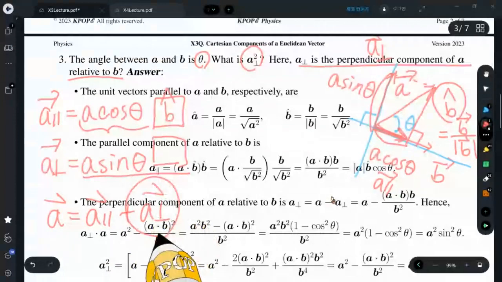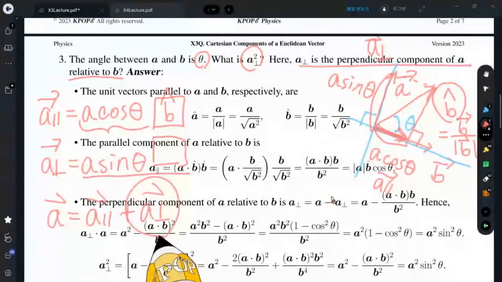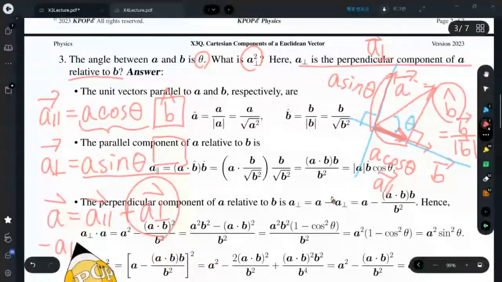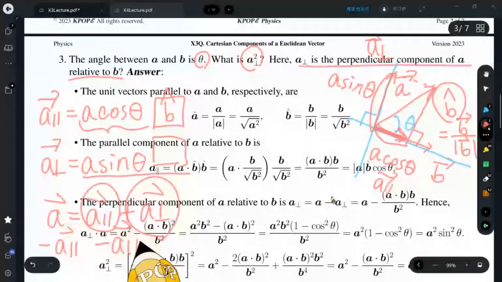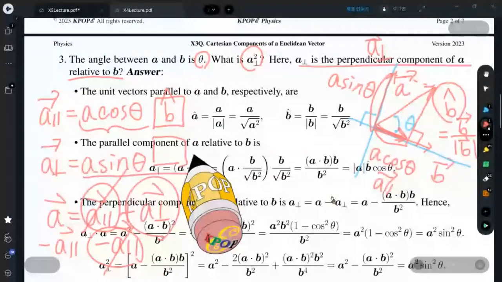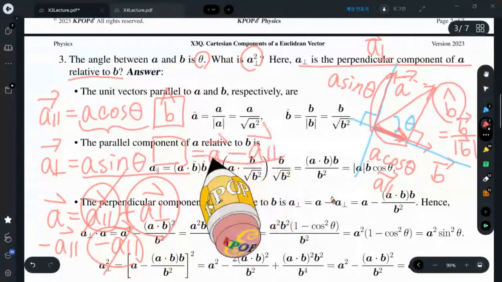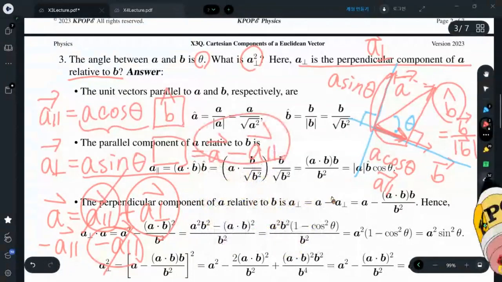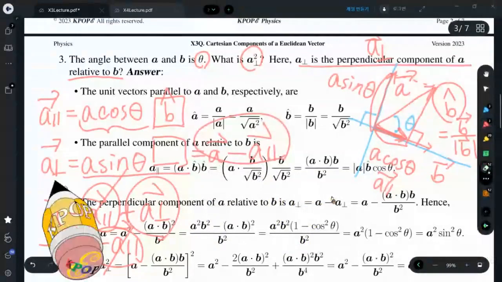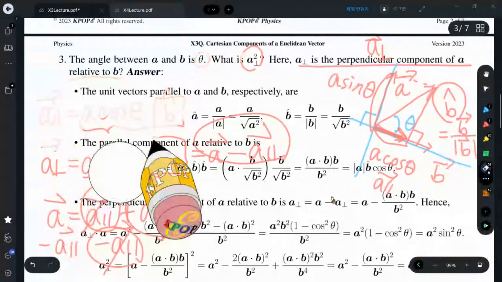The way to find out A perp is simply to subtract A parallel from both sides. So if I subtract this, then it will disappear. So it is nothing but the vector A subtracted by A parallel. Okay? So this is a way how to find the perpendicular component.